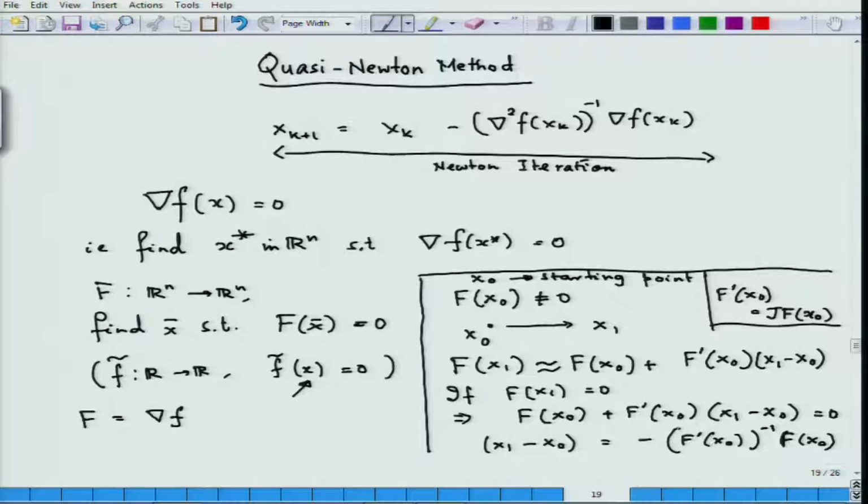Here in this case I would have really needed a positive definite matrix. So, I can replace this by a positive definite matrix.